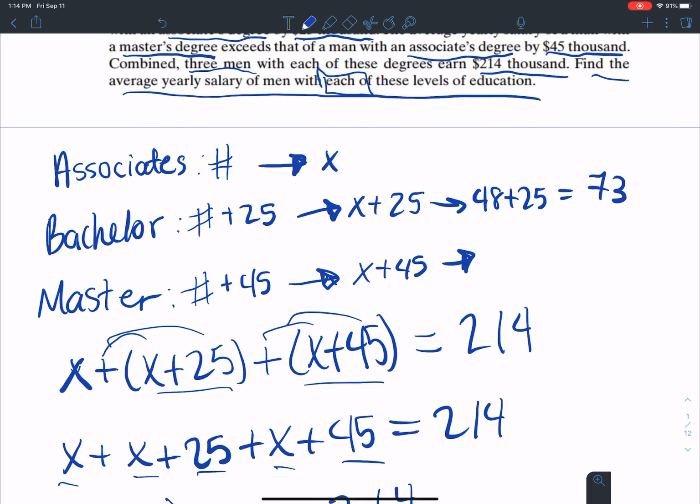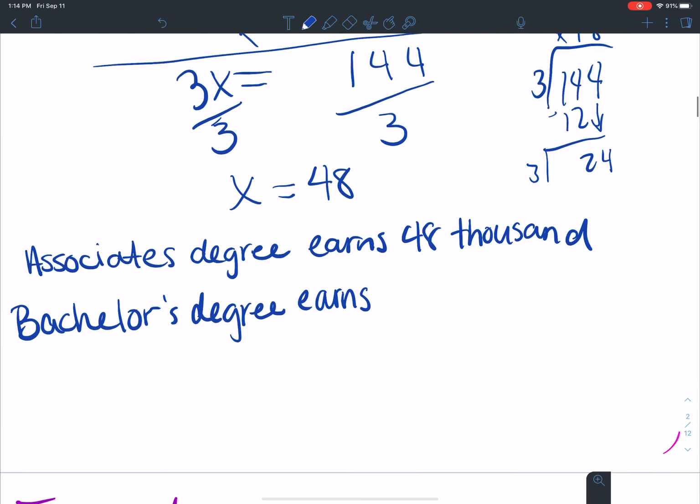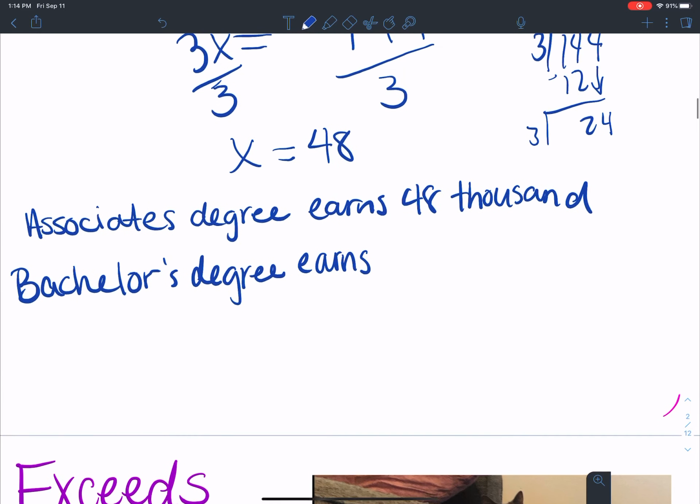Let's go ahead and do this one down here. X plus 45, so 48 plus 25, or 45, sorry. 48 plus 45 is 93.